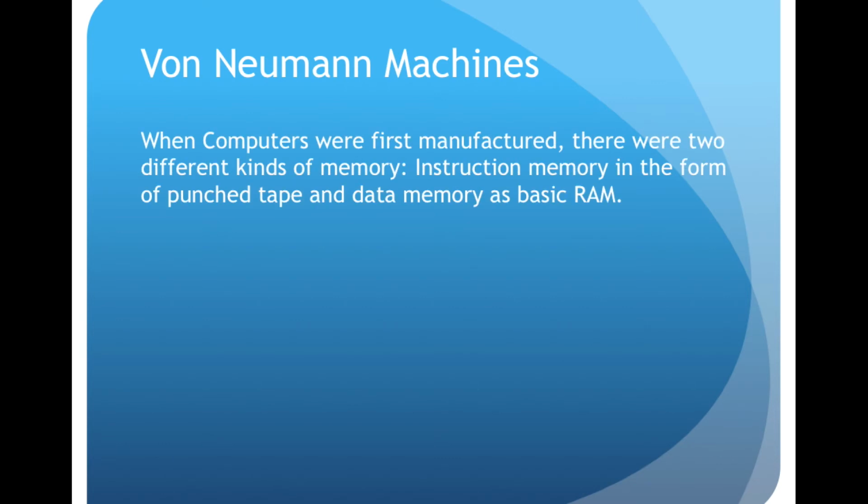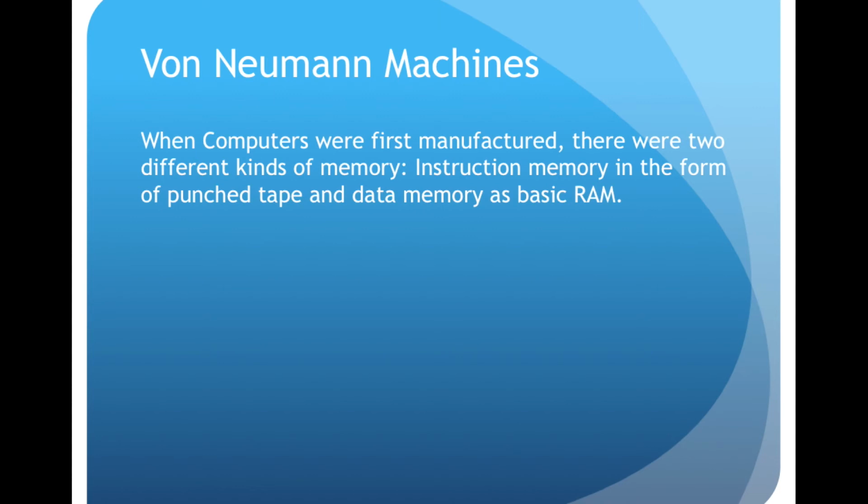And so basically when computers first started to be made, there were two different kinds of memory that you would have. Instructions memory, which is basically like punched tape. If you've ever heard of old computers, then you'll know that they used this tape that you would put into the computer and you would have your program on that. And there was also some complicated stuff in that you might have more than one of these cards or tape or whatever you want to call it.